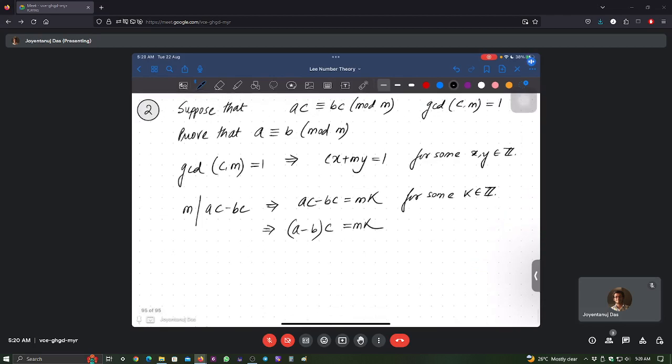So here you have to use the condition that GCD is 1. Since this equation holds, CX is congruent to 1 mod M, right?